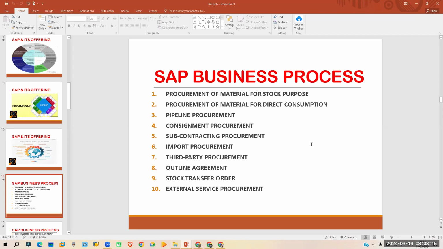Whenever they are procured or purchased, they are directly given to the department where they are required. So this is direct consumption.